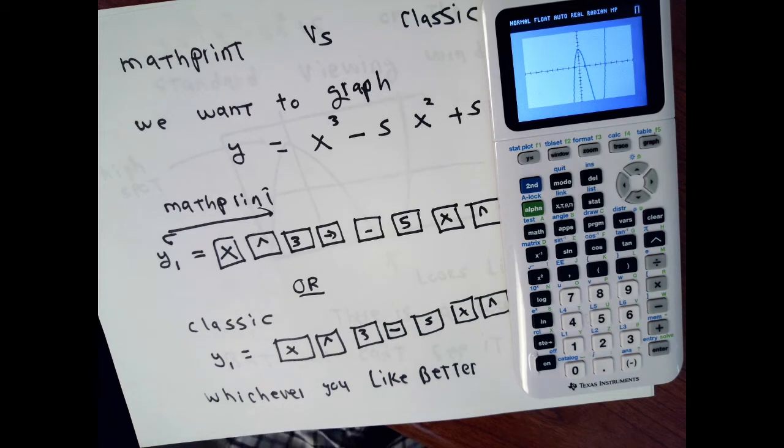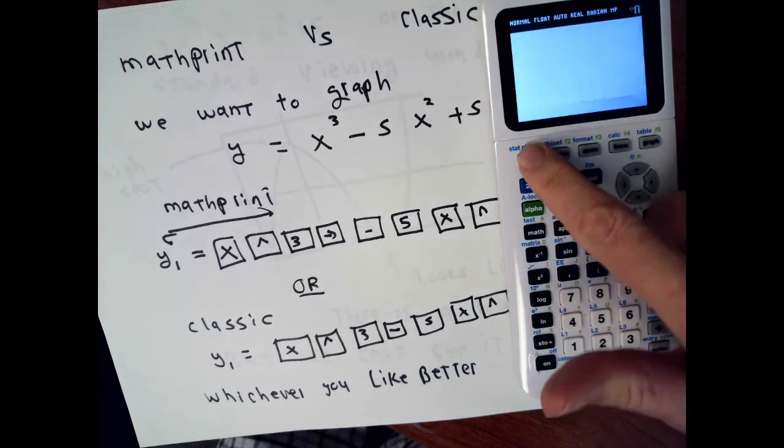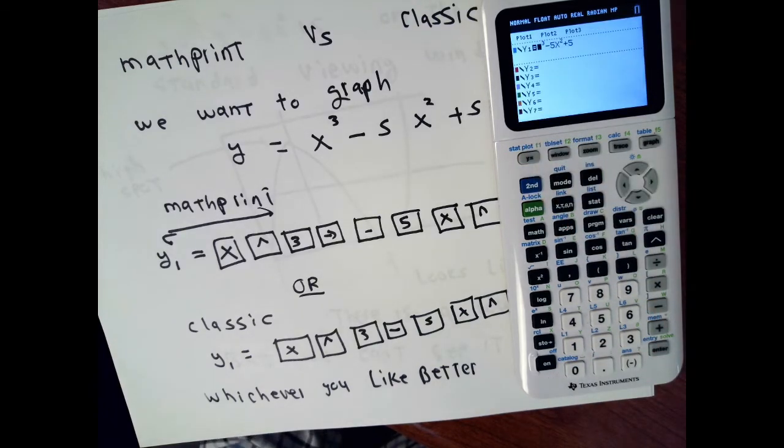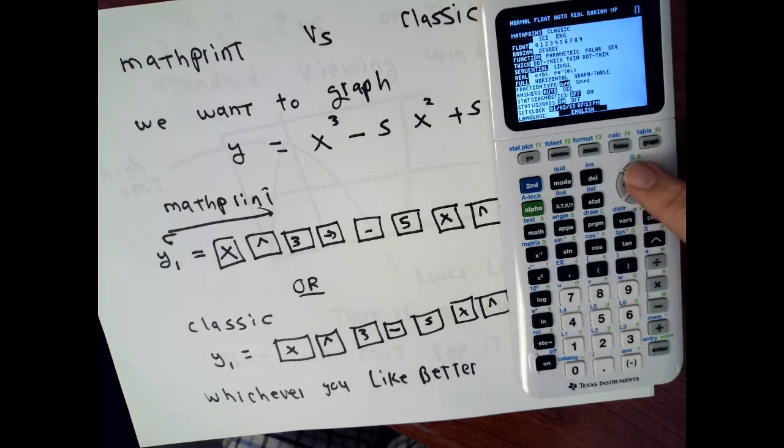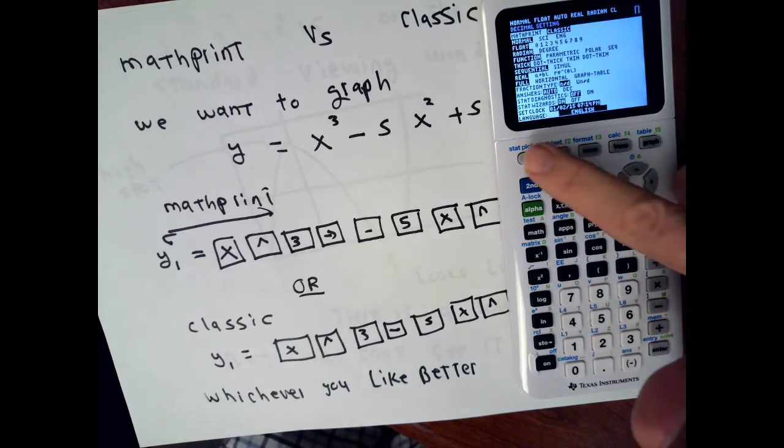What if you were in classic mode? So I'm going to go into my Y equal menu, press clear to get rid of all this stuff. In the mode setting, I'm going to put the cursor on classic and press enter. So now we're in classic mode.